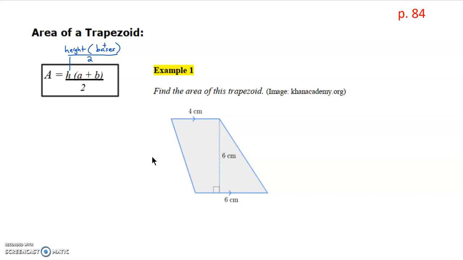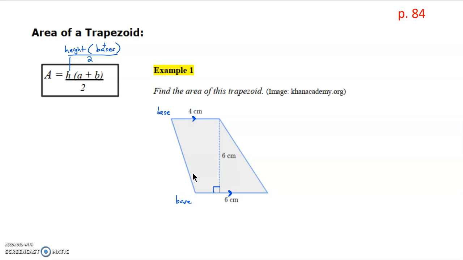So notice on this first example, we can see the parallel lines here and here. So we see these parallel lines, and that's the key for us to know which ones are the bases. So 4 centimeters and 6 centimeters are your bases. And it doesn't matter which order you put the bases.